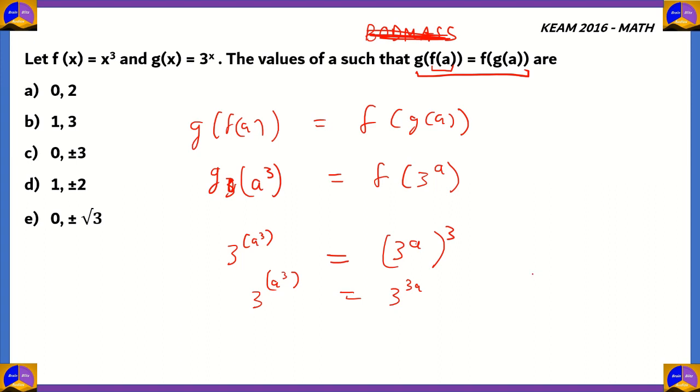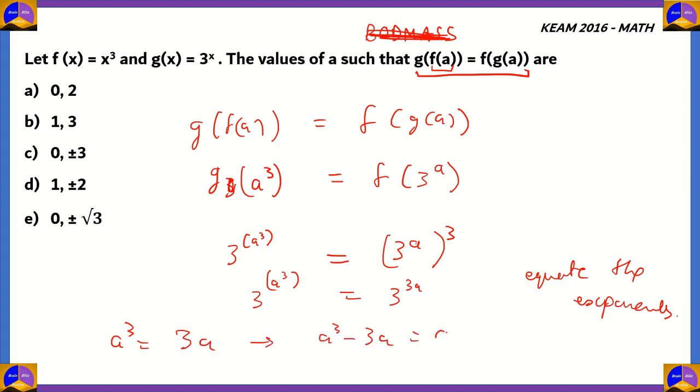So now what we're going to do is we're going to equate the exponents. So when we equate the exponents, you'll get a cubed as equal to 3 times a, which means a cubed minus 3a equals 0. Now that means a times a squared minus 3 equals 0.